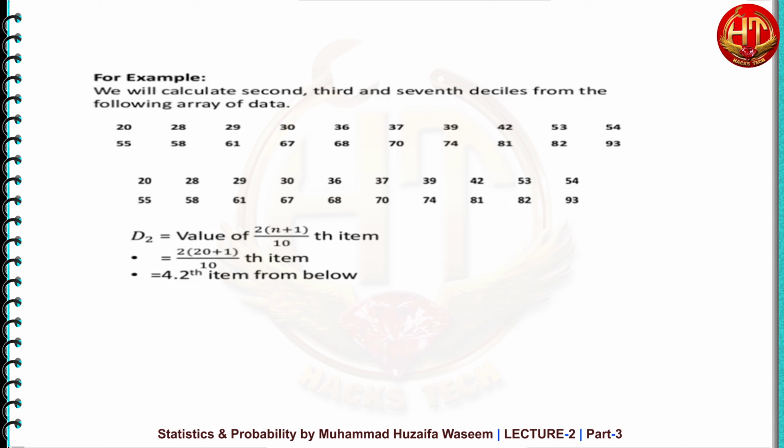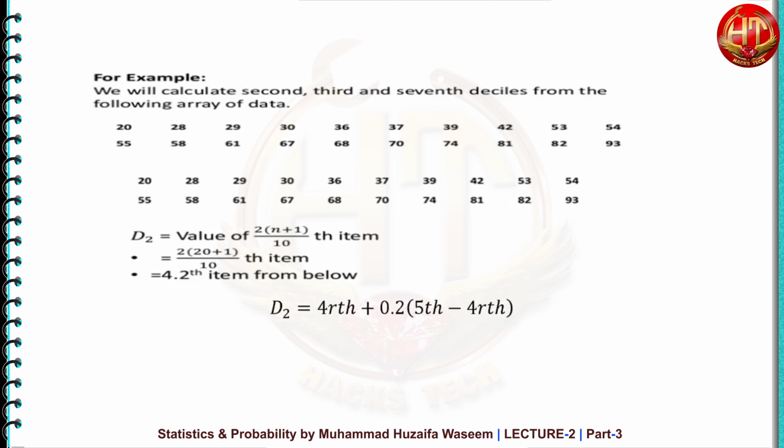What is n? n is the total number of observations in the given series, which is equal to 20. Then 20 plus 1 is 21, multiplied by 2 and divided by 10, which is equal to the 4.2th item from the given series. It means that the second decile lies between the 4th and 5th value.